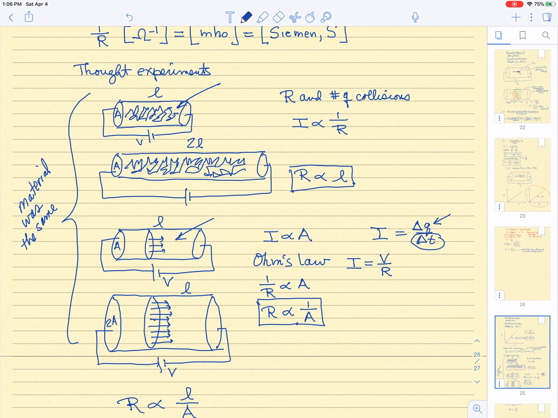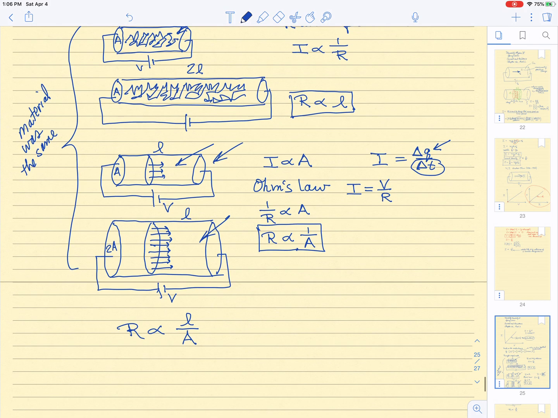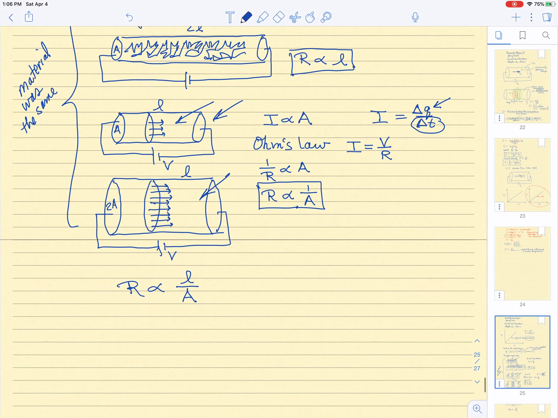And in the bottom experiment, both of these would be copper as well, okay? So the material would be the same in both thought experiments. So we need a material-specific factor in here. And so we can convert this to an equality with a factor now, which is called the resistivity, right?